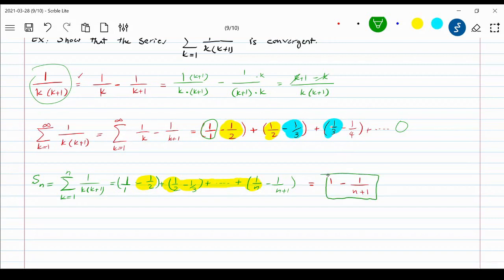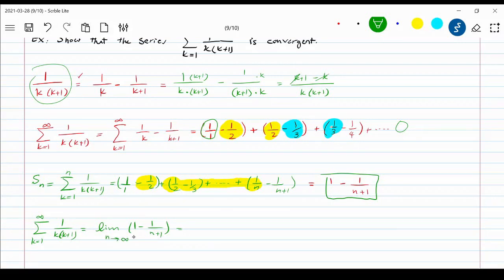So what I found is basically Sn. So what would be the summation of 1 over k(k plus 1)? We need to figure out what this limit is. It is the same as the limit of Sn, which is 1 minus 1 over n plus 1 as n approaches infinity. And what is that limit?